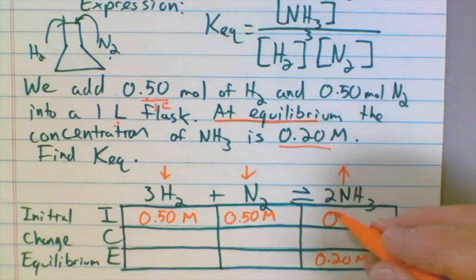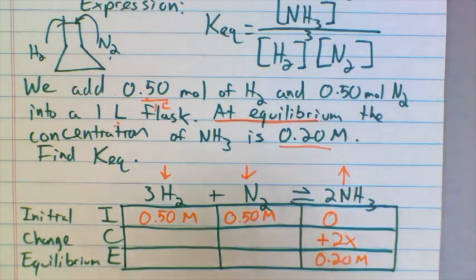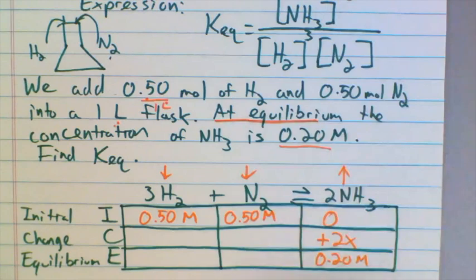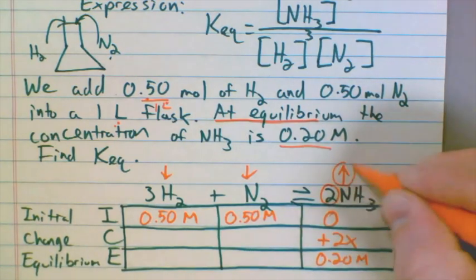In this one, we say that it changes by a factor of plus 2x. Why plus? Because it's increasing. The factor is unknown, so we call it x, and they're all changing by that same factor. The 2 comes from the coefficient, and the plus comes from the arrow.